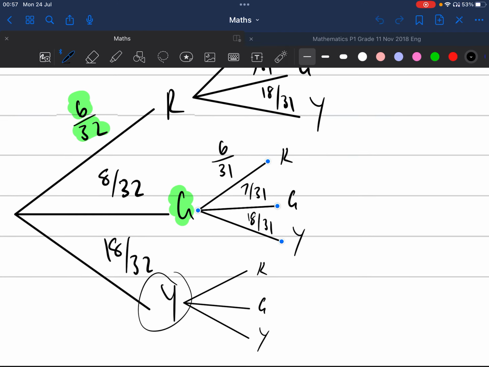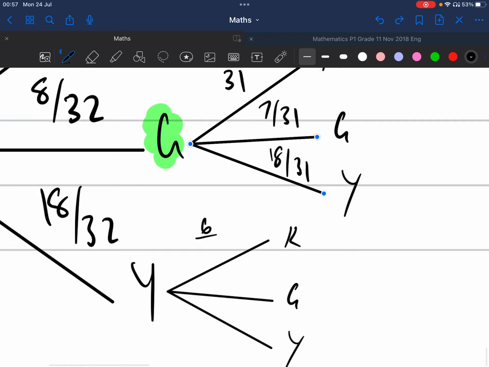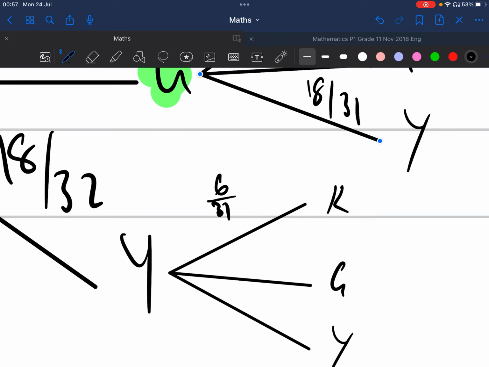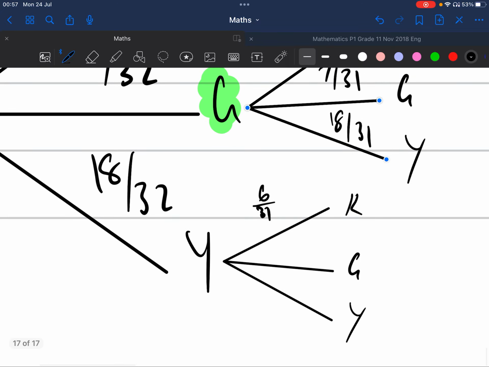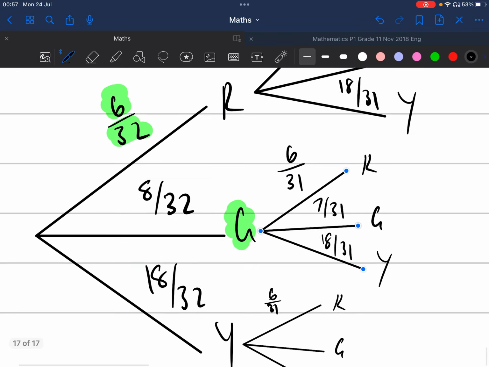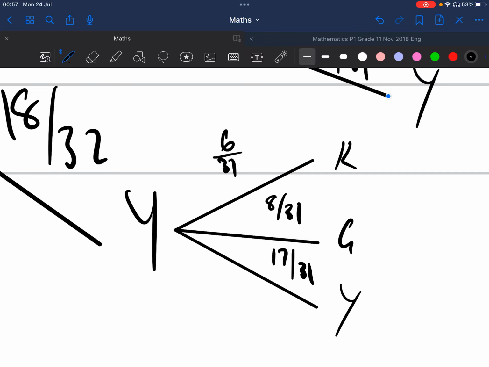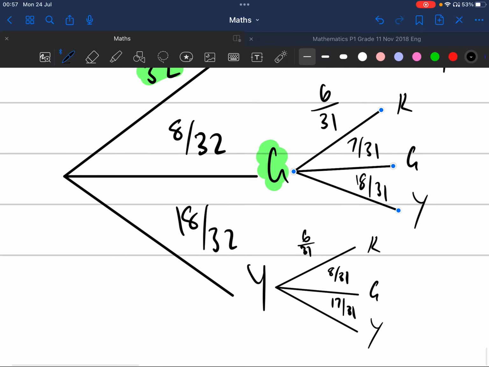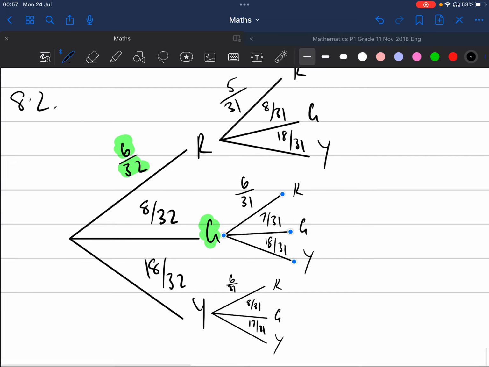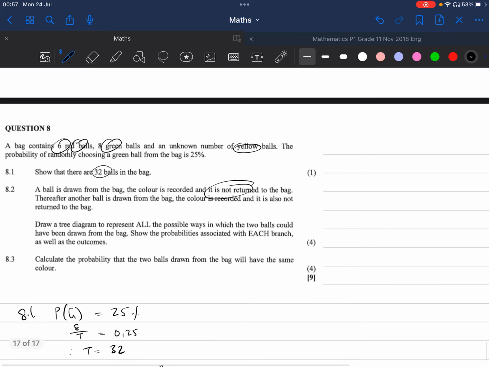Now let's say I picked yellow first. So now there's still the same number of red balls, so it's still 6 over, but now it's 31. Okay. My green, again, nothing changed, so it's still 8, but now it's over 31. Yellow, now it's 1 less, so 17 over 31. Okay, cool.